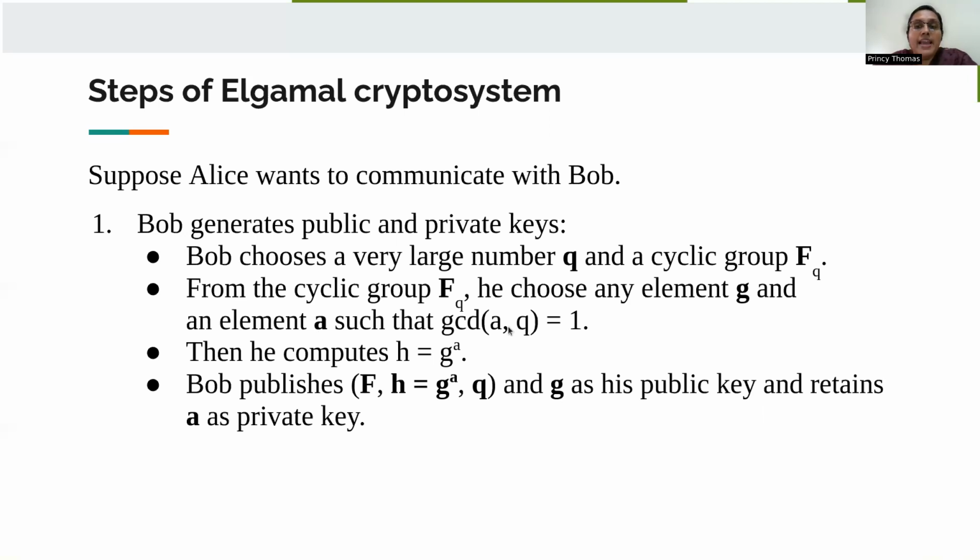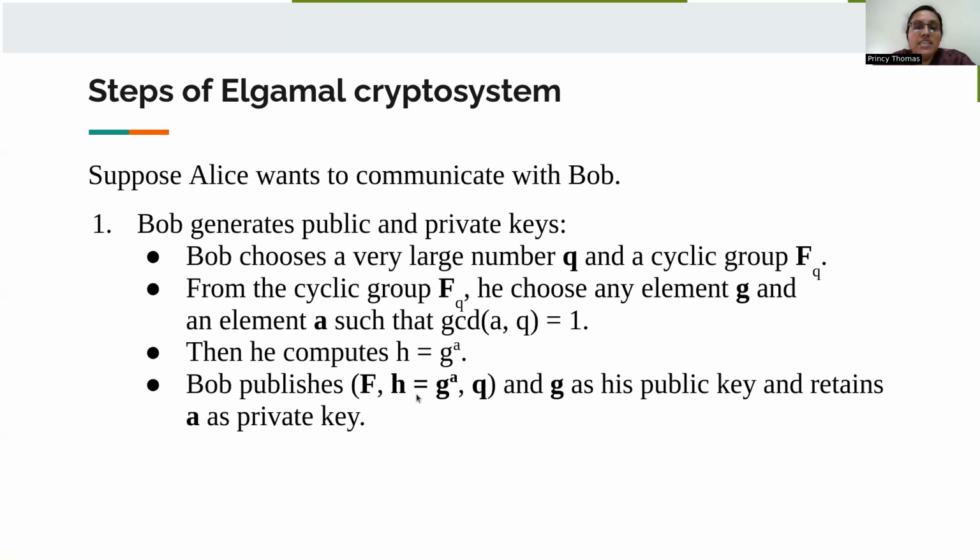He simply calculates G raised to A, which is computed as H, and Bob publishes the cyclic group which he has used, the number Q which he has selected, and his public key, G raised to A. Okay, he doesn't send G and A separately. He sends the value H. Okay, so G raised to A is sent over the internet.